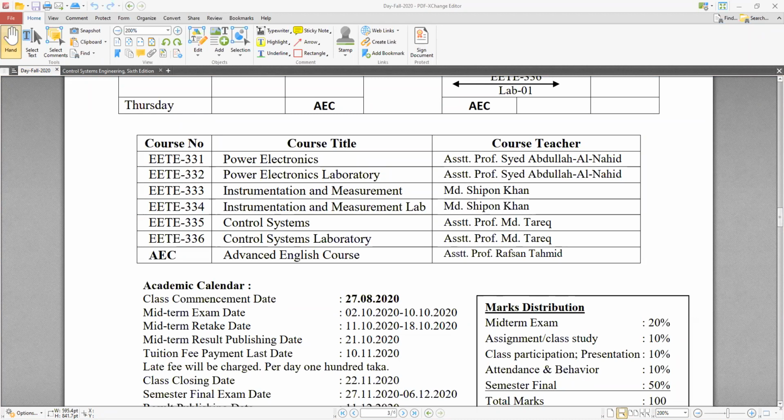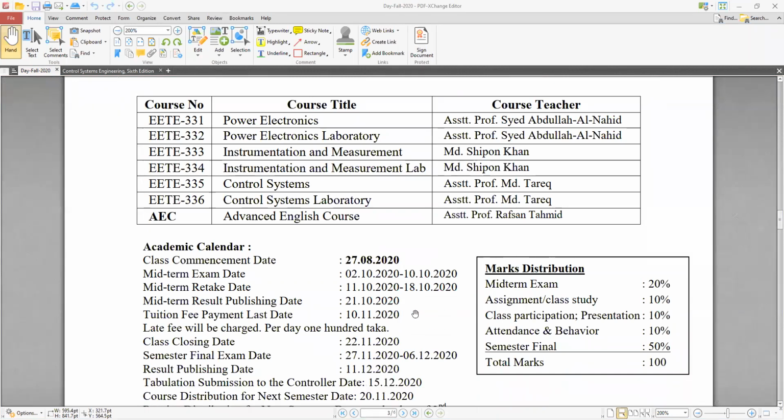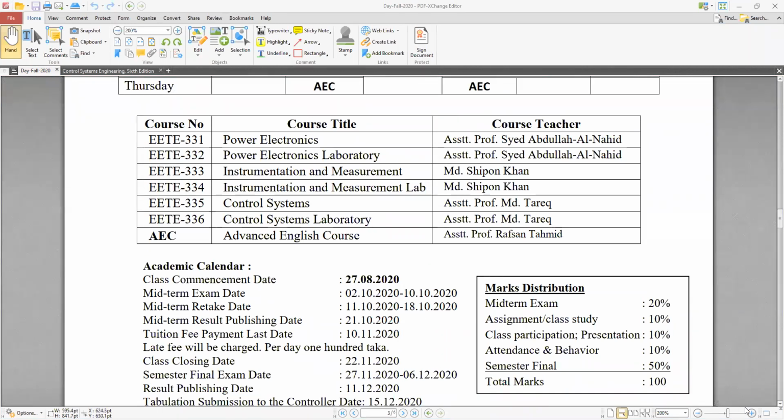The thing is, we have missed a class due to some visit from the UGC, University Grant Commission, and BUET. That's why I need an extra class to make up that class. So I think it is better to take the class on Thursday.